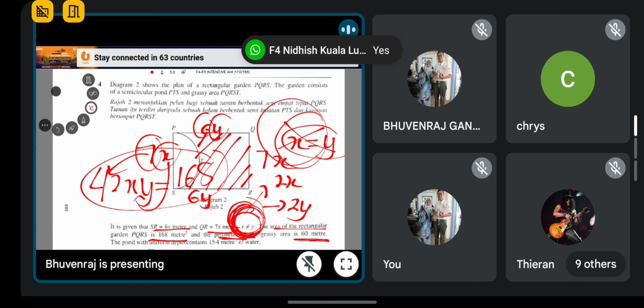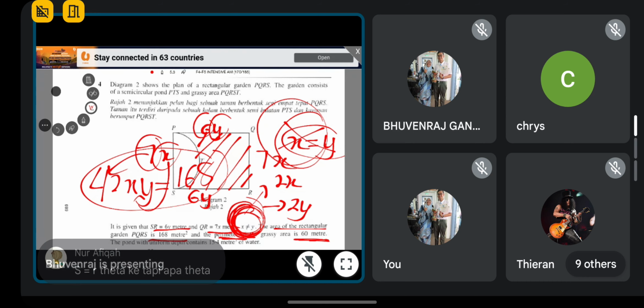Okay, so what formula? Can you recall guys? What formula to find PTS length? Kalau kamu form 5, kamu akan sedar tentang yang ni. If you were in form 5 now, you all should know already. Yes, very good.